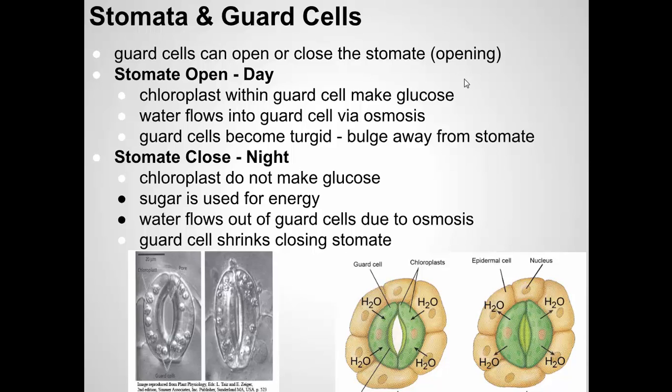At night, they stop making that glucose, that sugar gets used up for energy, and water leaves those guard cells, causing them to sort of collapse, closing the opening in between. And that's how these guard cells open and close, allowing for the water in and out.